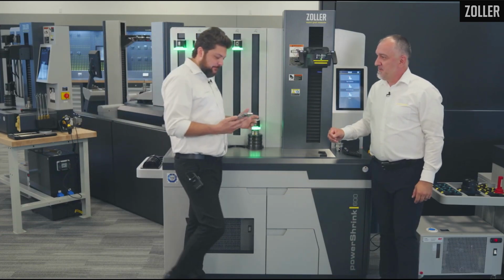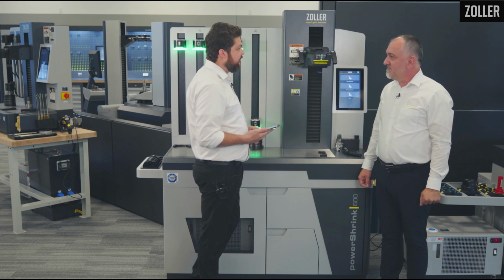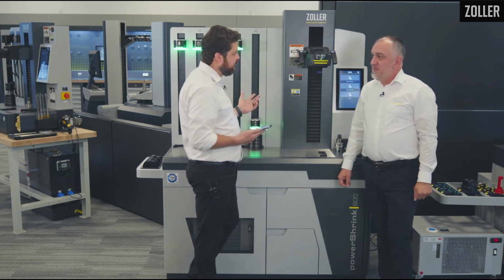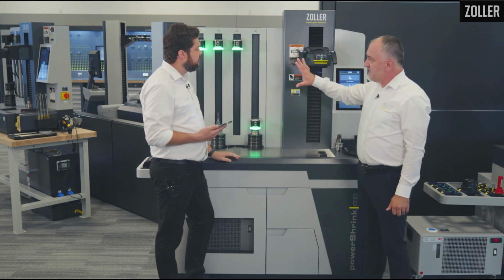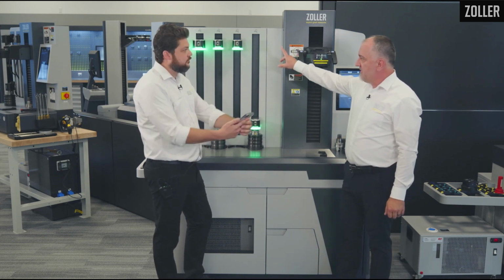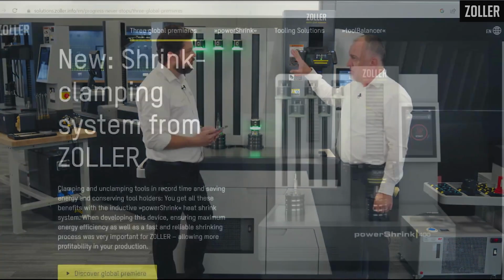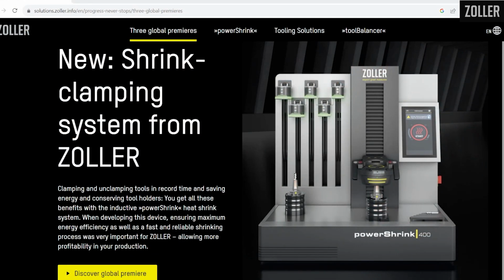Okay. Do you have more entry type units than what we're seeing right here? Yes, we have a tabletop unit that is not an automated linear guide with the cooling, which uses the same technology. The coil is manually interchangeable, but it uses the same chiller and the same fume extractor, and it has no touchscreen.